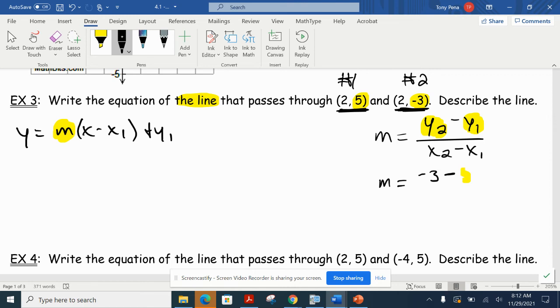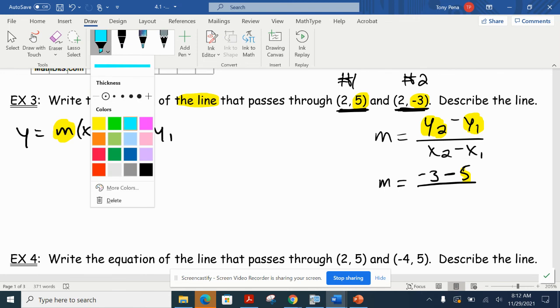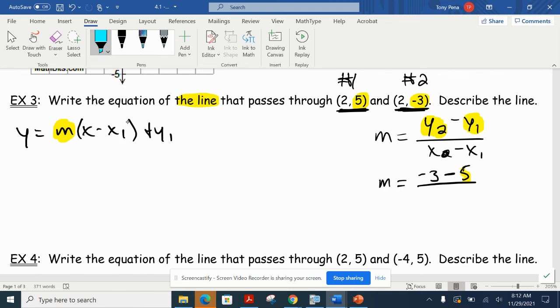So that's our numerator, -3 minus 5. Denominator, this is the second point, and I want the x coordinate in the second point, so that's going to be a 2. Oh, this one's sneaky. This is maybe a little sneakier than I want it to be right now. Let me change this. I don't know why we would do this to you right now.